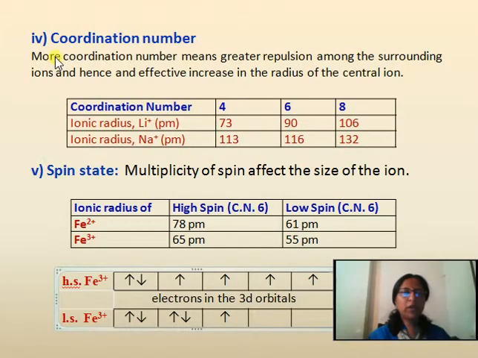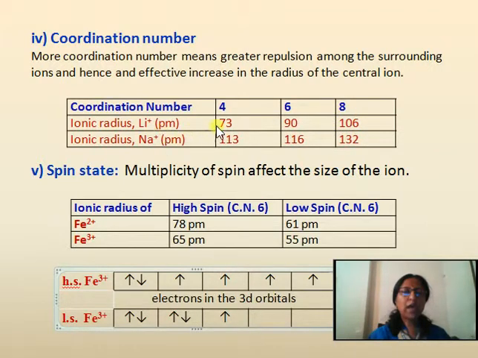The next point I'll be telling you about is the coordination number, how the coordination number of an ion dictates the ionic radii values. So here I have taken the example of lithium+. In picometers, you see, if the coordination number of lithium+ is 4, the value of ionic radius is 73 picometer, whereas if the coordination number is 6, the value is 90 picometer, and if the coordination number is 8, the value is 106 picometer.